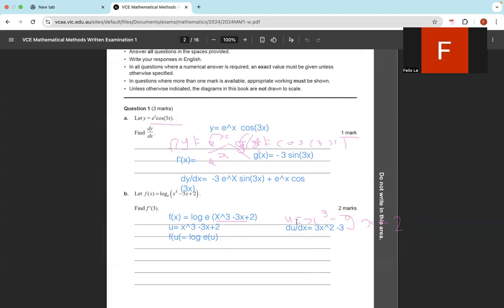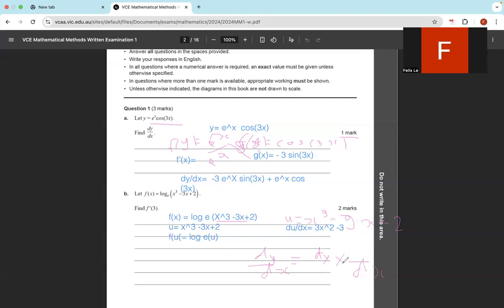So now we have du/dx, but we want it in terms of dy/dx. So if we bring this function here, we have dy/du, and we can multiply them.